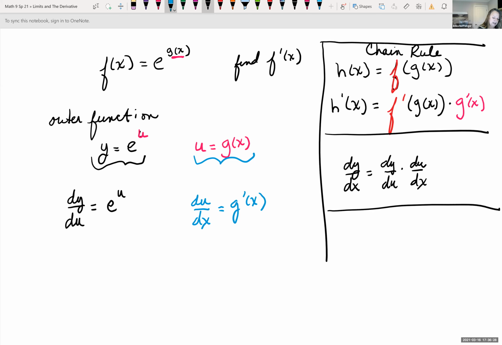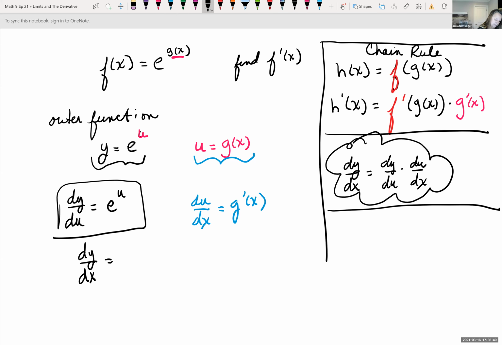So using this formula, dy dx is equal to dy du, which is e to the u, times du dx, which is g prime of x.